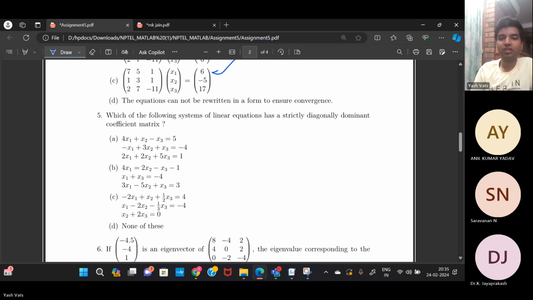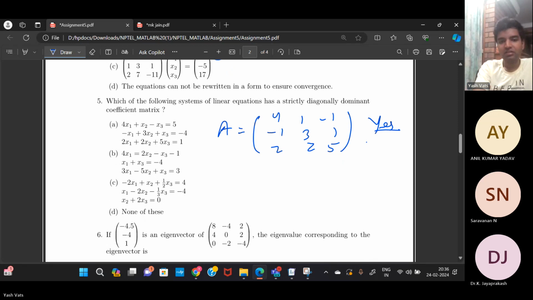Okay. Strictly diagonally dominant. Now you will tell me which A matrix in this case is strictly diagonally dominant. First one, A is 4, -1, -1, 3, 1, 2, 2, 5. Is this strictly diagonally dominant? Yes.